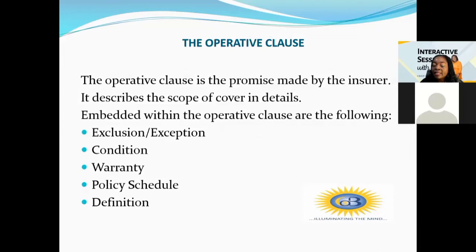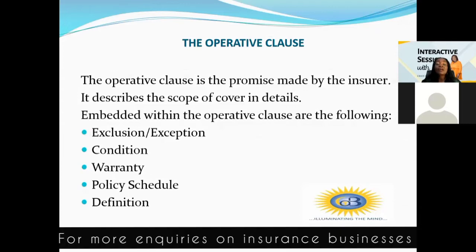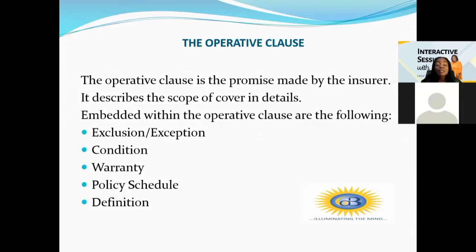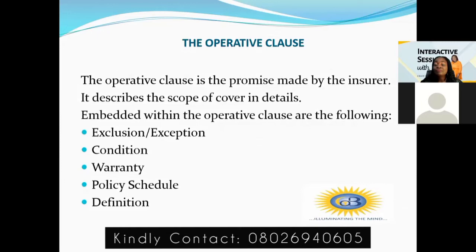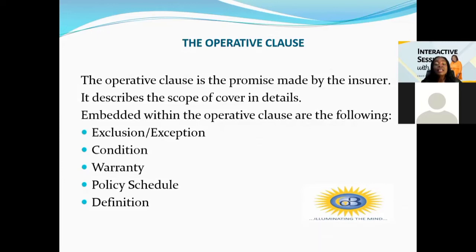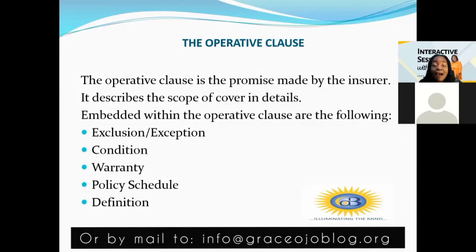So another one is warranty. Last week, you agree with me that we talked about warranty, the purpose of warranty in an insurance contract. We said the purpose of warranty is to mitigate the loss, to discourage negligence on the part of the insured, and to encourage good moral hazard.